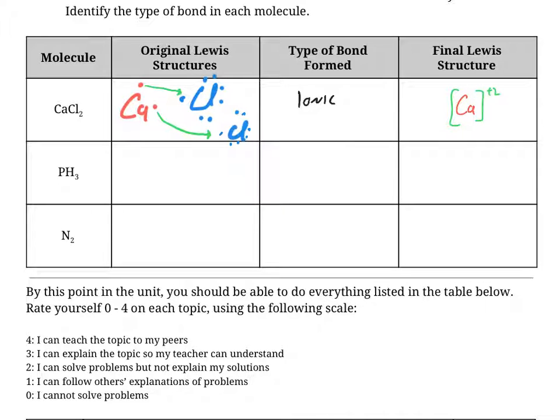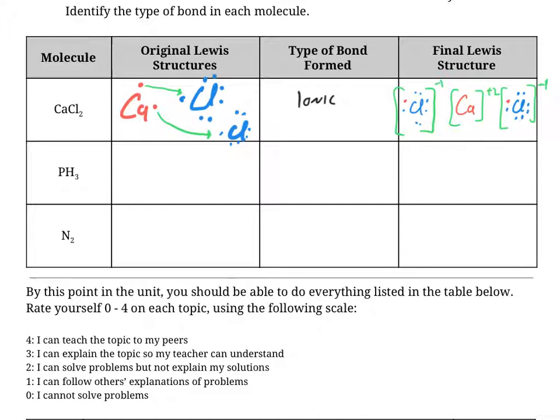I'm going to have 1 chlorine, which has 1, 2, 3, 4, 5, 6, 7, and gained an electron, and another chlorine, which has 7 and gained an electron. Both of them have gained the same number of electrons, which is 1, so it's going to be a -1 and a -1. Nice.